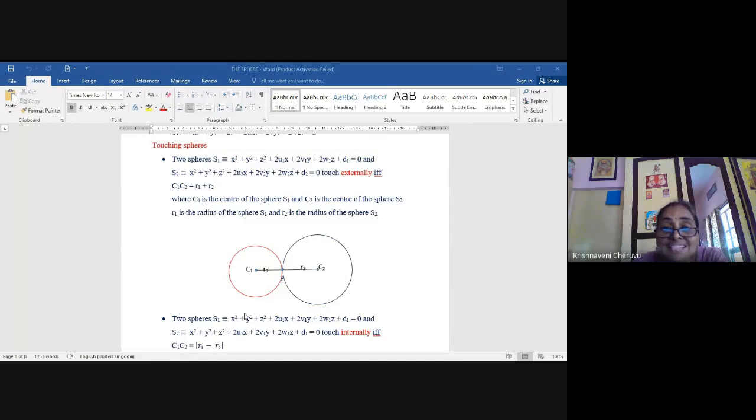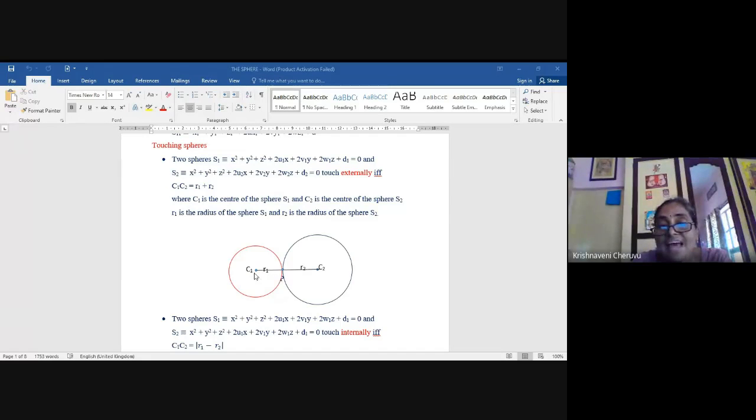In this case, what is this point P? It is dividing the line C1C2 internally. When the spheres touch externally, P divides the line C1C2 internally. So you can find the point P also. How, girls? R2x1 plus R1x2 by R1 plus R2, R2y1 plus R1y2 by R1 plus R2, R2z1 plus R1z2 by R1 plus R2, because here P is the internal division.